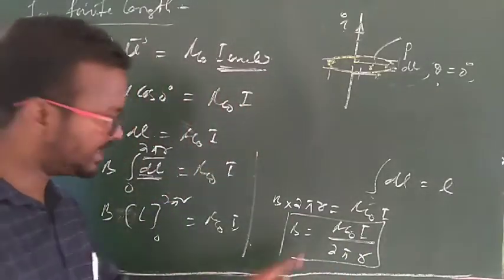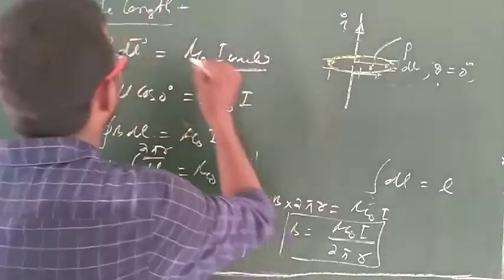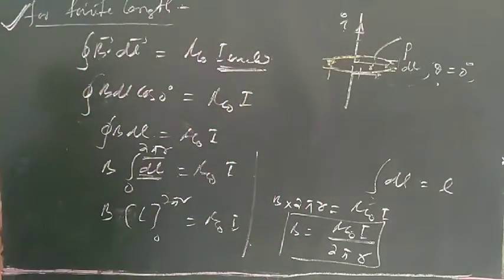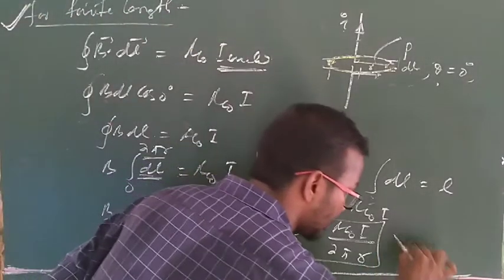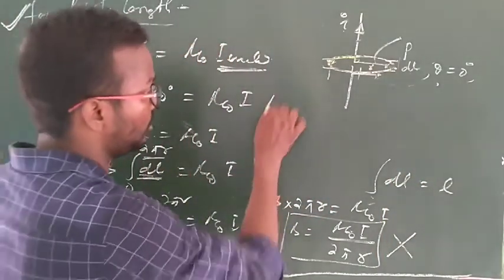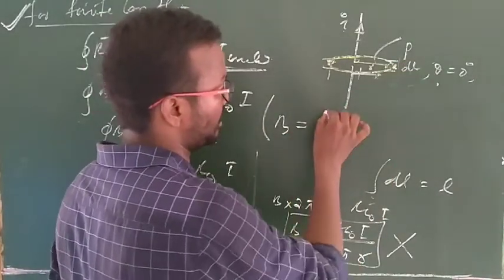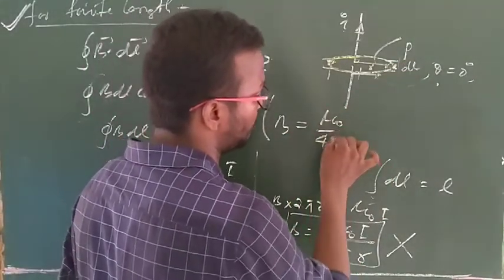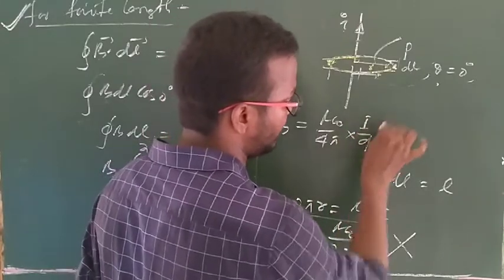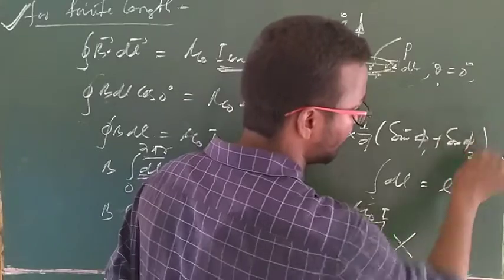This is the magnetic field strength at point P due to a finite length. But this is not the formula for finite length. Why? We know that for finite length, the magnetic field at this point is B equal to mu naught by 4 pi, I by d, times sin phi 1 plus sin phi 2.